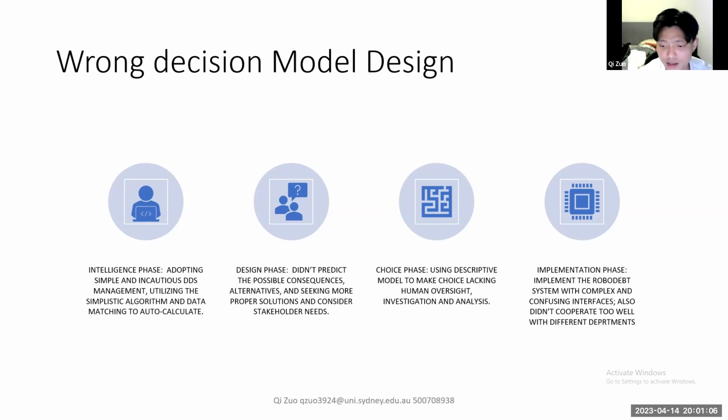In the final phase, the implementation phase, the system had a complex and confusing interface, and it also didn't cooperate well with the different departments. That's why the whole decision-making model was wrong from the beginning, creating a lot of problems when implementing the scheme and a lot of consequences when it was put into practice.